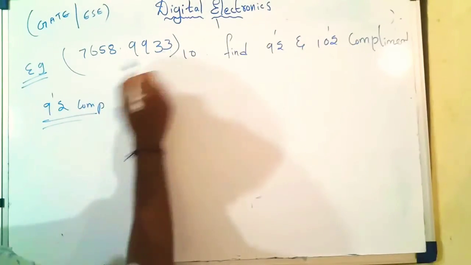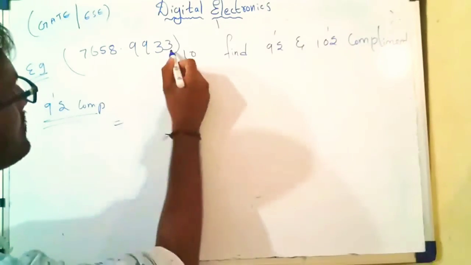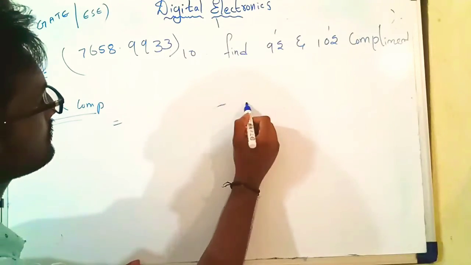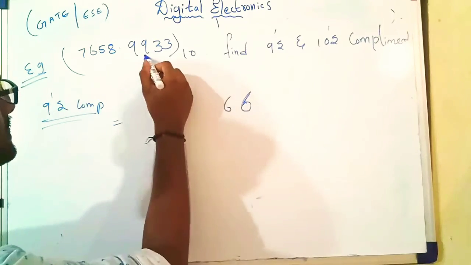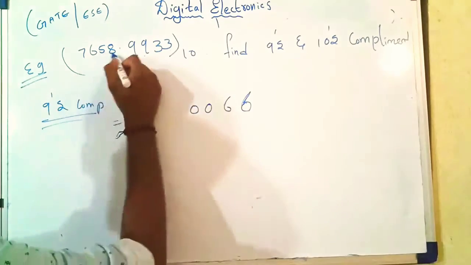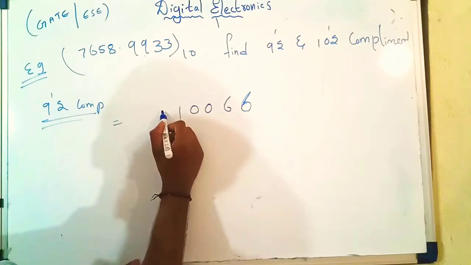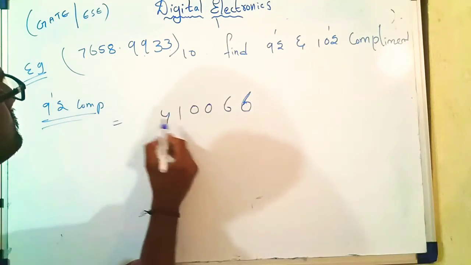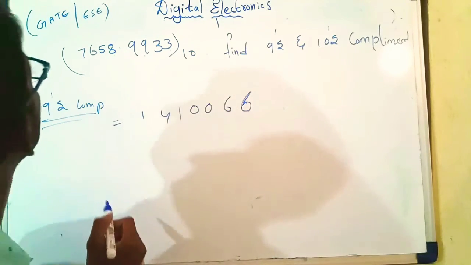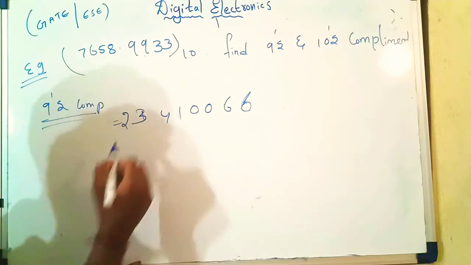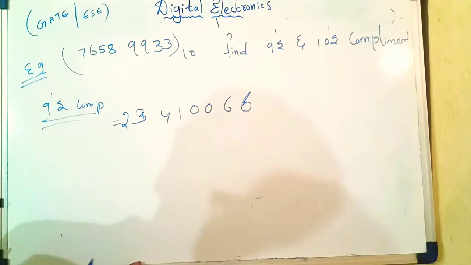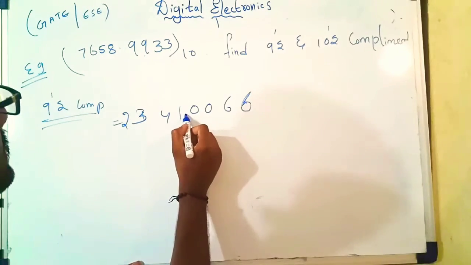Subtract 3 from 9. The value is 6. This is 9 minus 3, 6. This is 0, 0. 9 minus 8, 1. 9 minus 5, 4. 9 minus 6, this is 3. 9 minus 7 is 2. Here the decimal point is here.